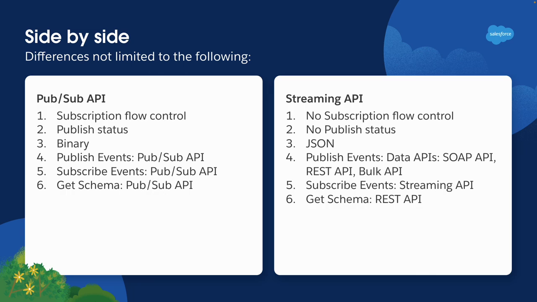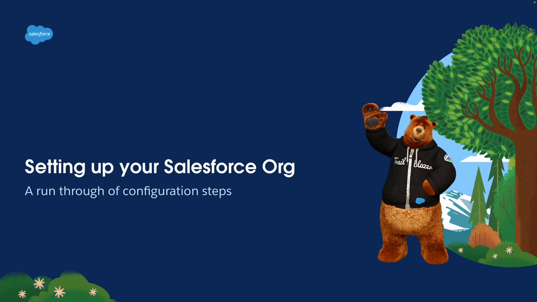So to publish, subscribe, and get the schema for events without using the PubSub API, you're looking at at least 2 different API types, streaming and REST, with different endpoints completely for each. Whereas on the left-hand side, with the PubSub API, you're using the same endpoint and the same API altogether, that single interface throughout it all.